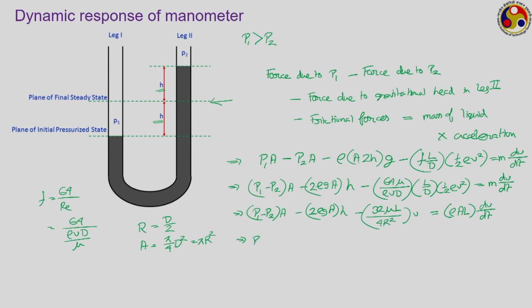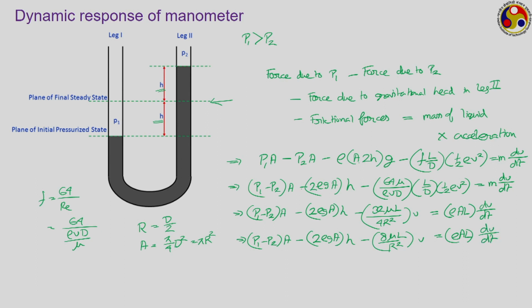So, we can separate it out as P1 minus P2 into A, minus 2 rho g A into H, minus 8 mu L by r square into V, is equal to rho A L dV/dt.